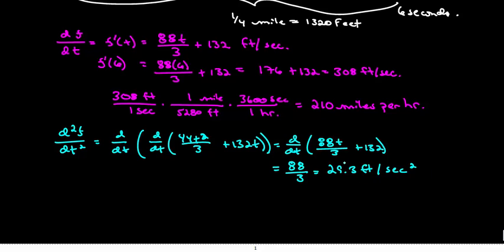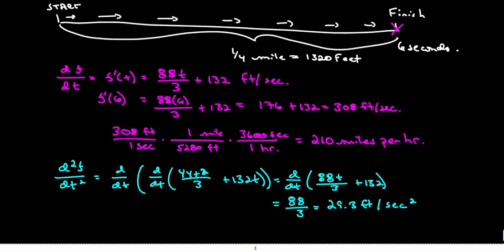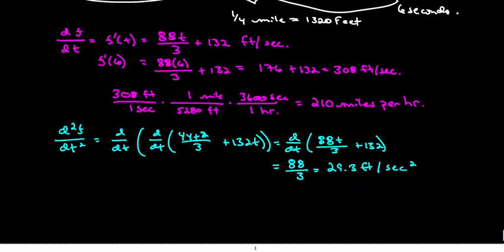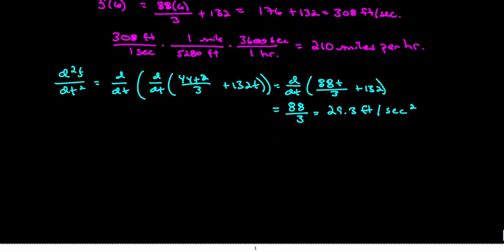The acceleration is the same throughout the track. Its velocity changed, but its acceleration was constant at 29.3 feet per second squared. I really don't have any reason to convert that into miles per hour squared, because that unit of measurement is really not that familiar to you.